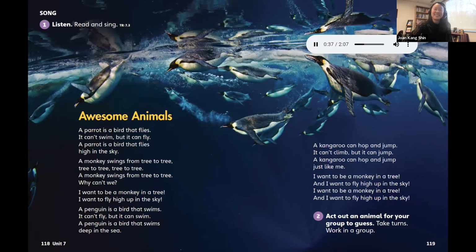A monkey swings from tree to tree, tree to tree, tree to tree. A monkey swings from tree to tree. Why can't we? I want to be a monkey in a tree. I want to fly high up in the sky.